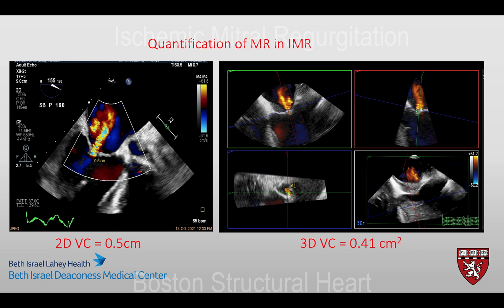And this is a more accurate measurement in patients with ischemic mitral regurgitation, as the jet is more elliptical and non-circular in nature. And we can see in our patient's instance, the 3D vena contracta was measured at 0.41 centimeters squared, which clearly puts this patient in the severe range and most definitely warrants intervention for this valve.